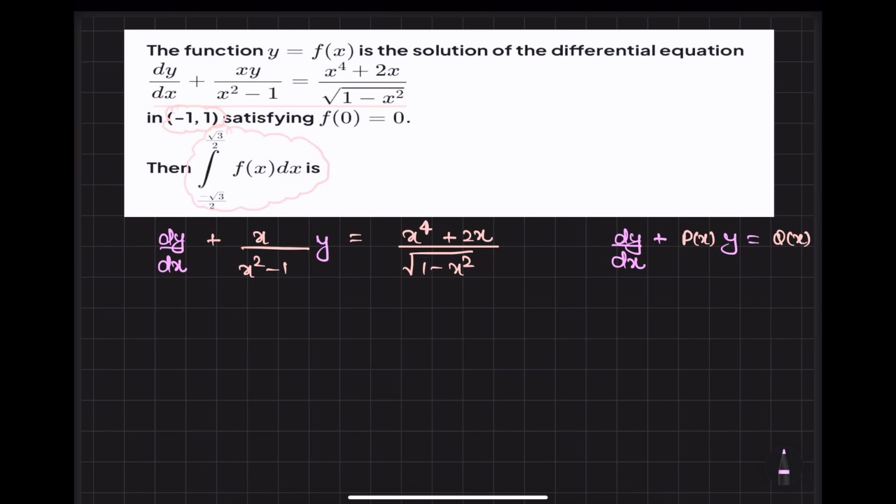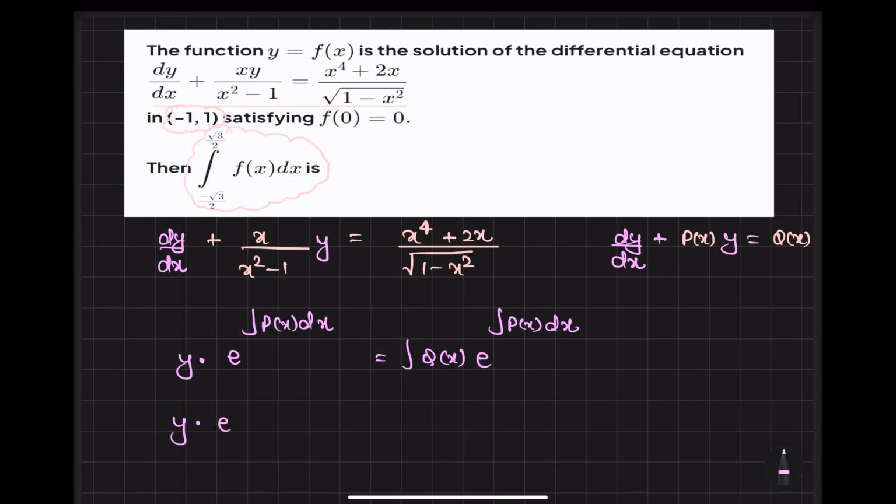So how will a linear equation be solved? The solution is y times e power integration p dx equals integration of q times e power integration p dx. Here we have y, here we have q of x, and then we have the whole integration. Okay, let's substitute things.